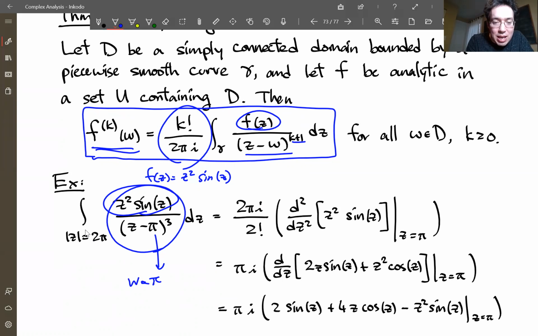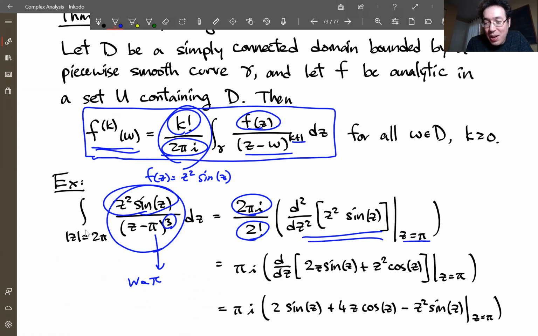Okay, and because the exponent is equal to 3, that means that we're going to look at the second derivative of the function, right? And also the 2 pi i, we don't have the division by 2 pi i, so we multiply by 2 pi i. We didn't have a multiplication by 2 factorial, so we're going to divide by 2 factorial. And what's left when we use this formula is that we're going to have the second derivative of this guy evaluated at pi.